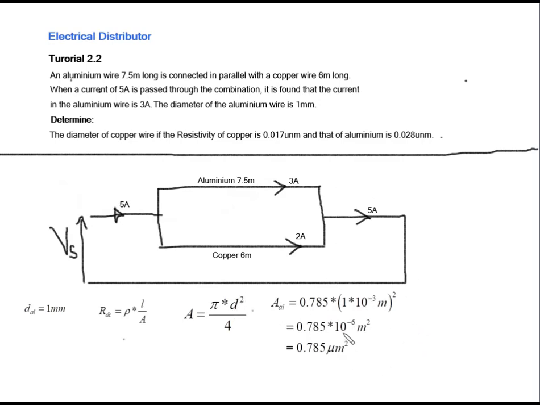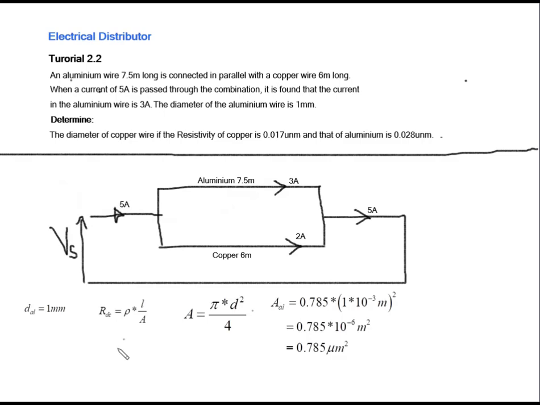It gave us 10 to the power minus 6 meter squared, because milli, which is 10 to the power minus 3 squared, gives us 10 to the power minus 6, and meter squared gives us meter squared. Overall, we got 0.785 micrometer squared as the area of the aluminum wire.